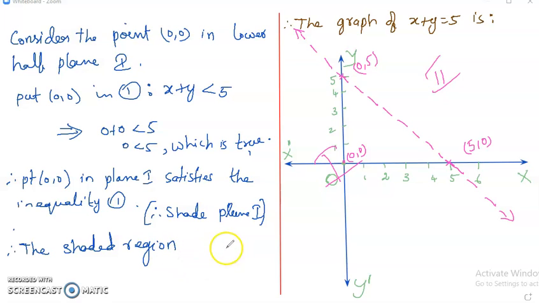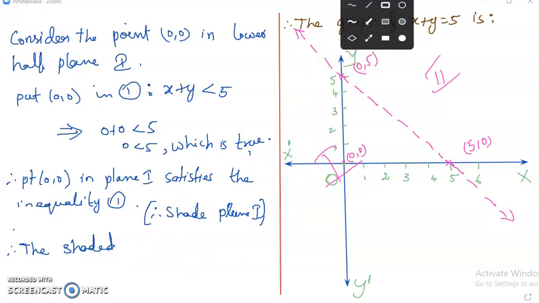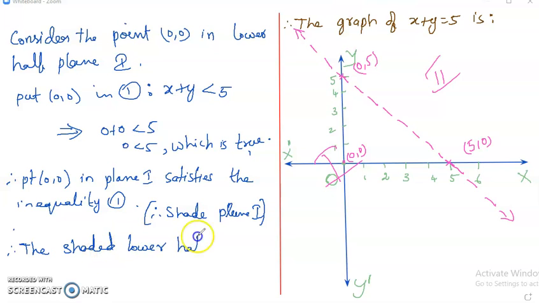Shaded lower half plane 1 is the solution region.